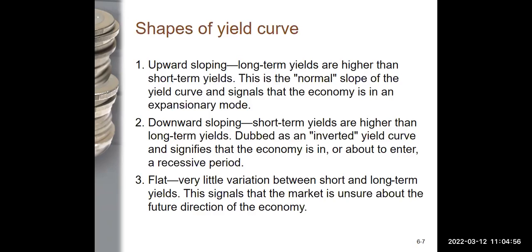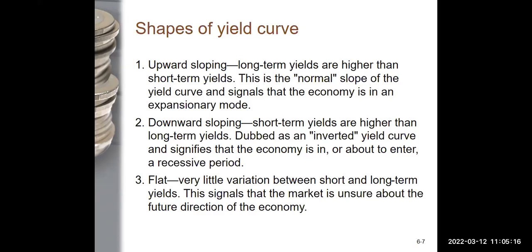All right. So this is a yield curve, but this can be upward sloping. The long-term yields are higher than the short-term yields. In the future, the yields are rising. So this is a normal slope of the yield curve and signals that the economy is in expansionary mode. All right. So the economy is expanding.